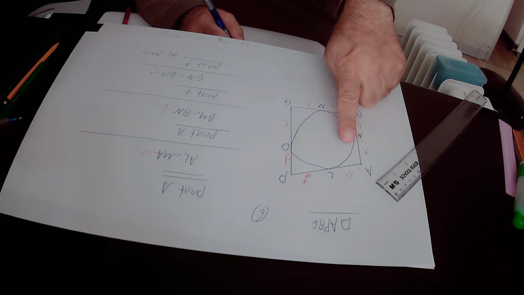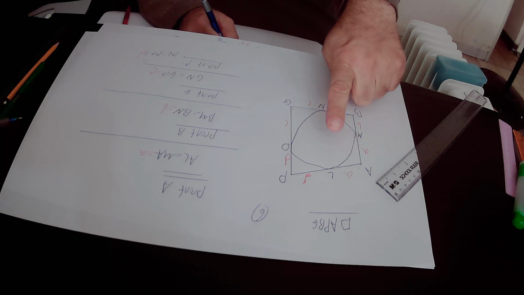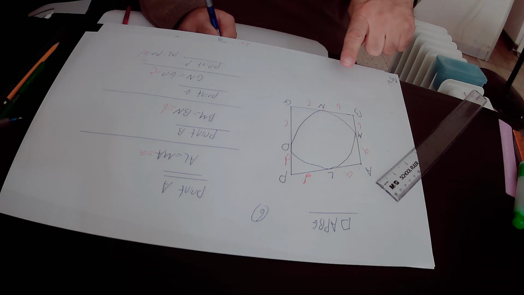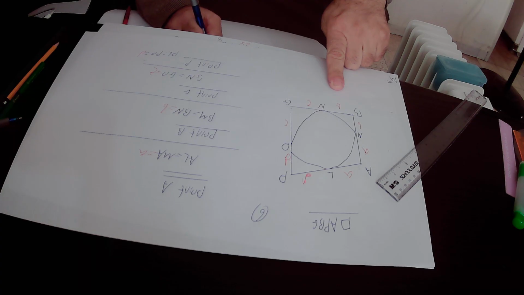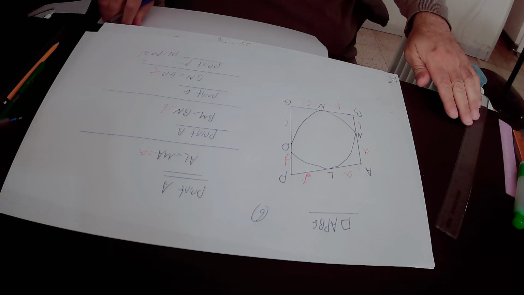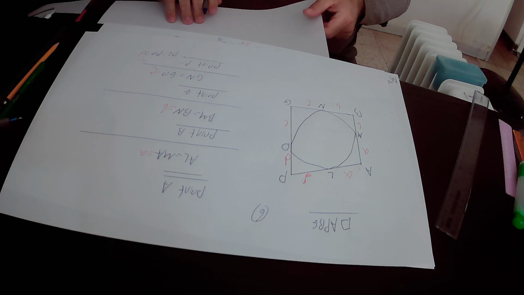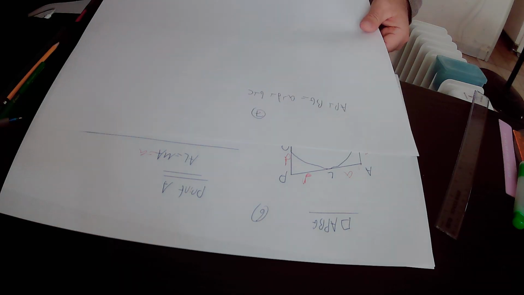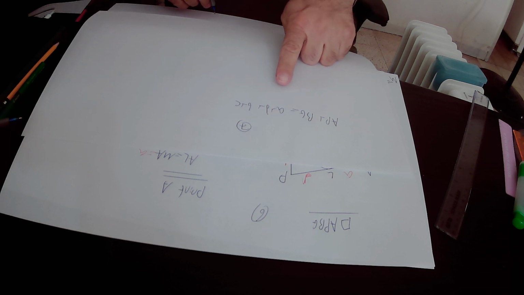Side AP, according to this drawing, is easy to see, AP equals A plus D, plus BG. What is the length of BG? From this drawing, it is easy to see that BG equals B plus C. So in conclusion, we found out that in quadrilateral APBG, AP plus BG equals A plus D plus B plus C.